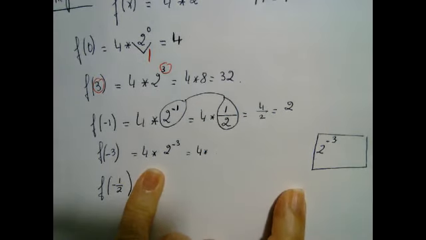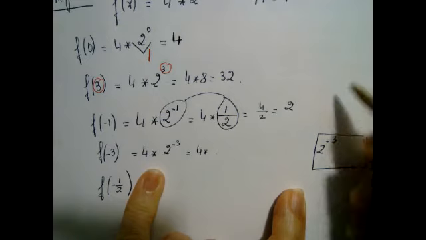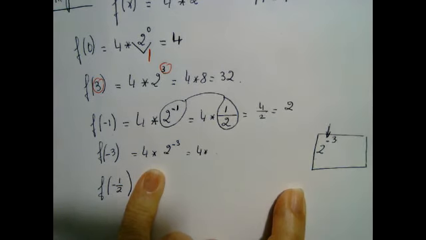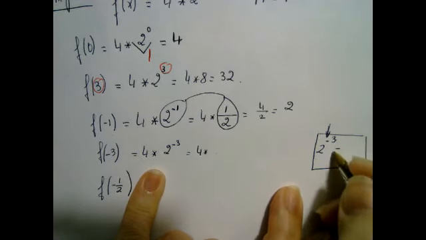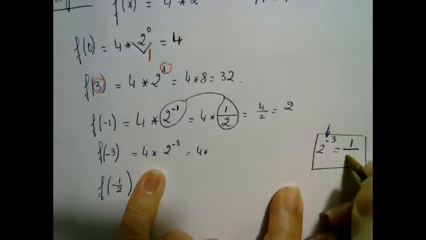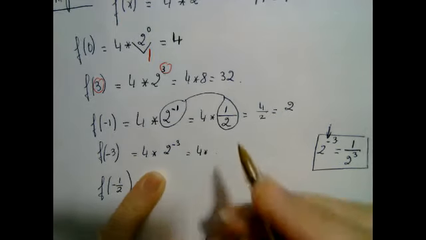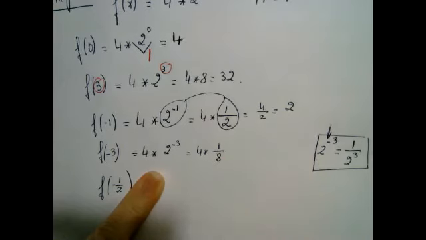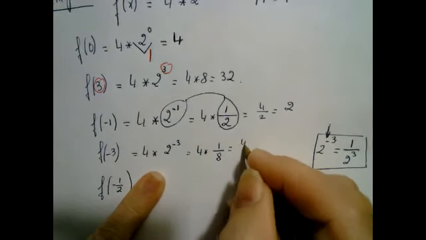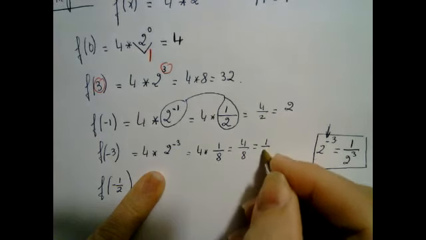Write it for me in the chat. Remember? Yes, it's 1 over the number to the positive power. So this is 4 times 1 over 8, which is 4 over 8, which is a half.